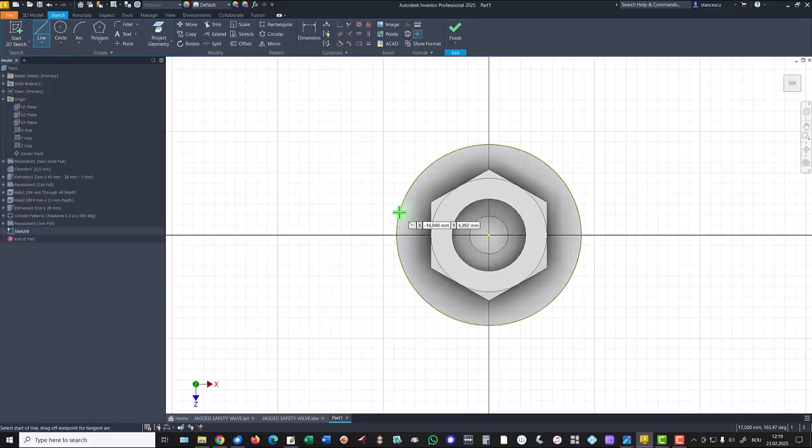We draw two lines with this point aligned with this, and equal the two lines with an angle of 60. This is 60.